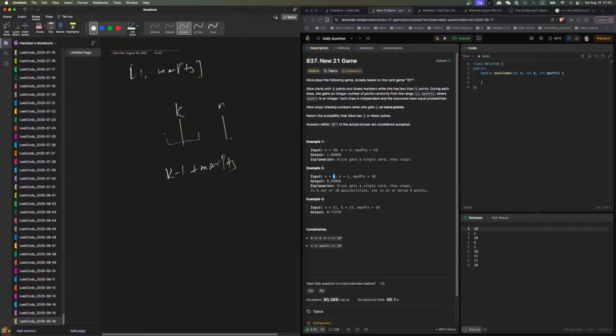This is the maximum you can reach. So if this is smaller or equal to n, then the answer is 1, 100%. Which is exactly this situation. So this is kind of the edge case.